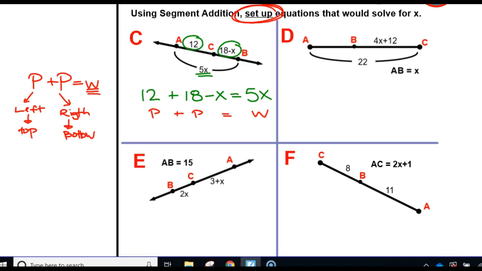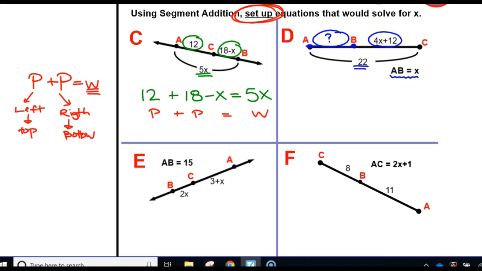Look at D. I do have this part on the right. That's pretty easy to see. This guy right here, I'm missing a part there. I do see the whole on the bottom, 22. And I have this piece of information right here, and I have to read this. It says AB is equal to x. Go back and look at your picture. Where is A?